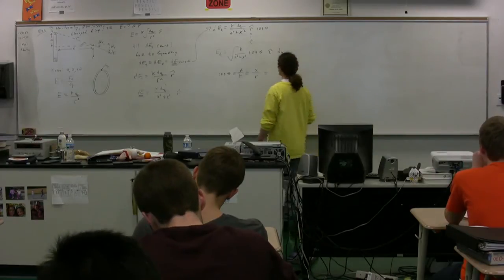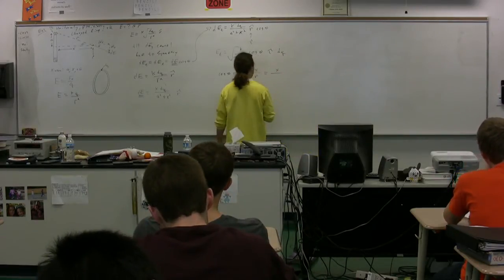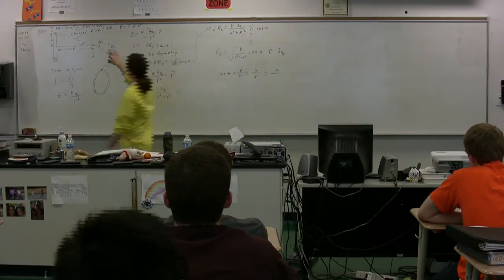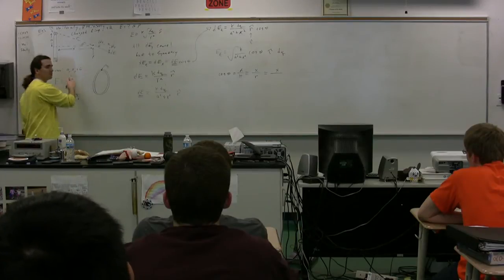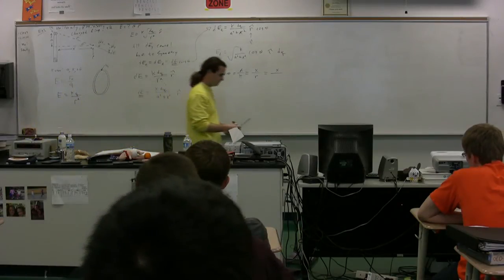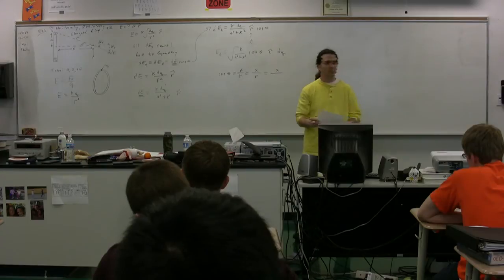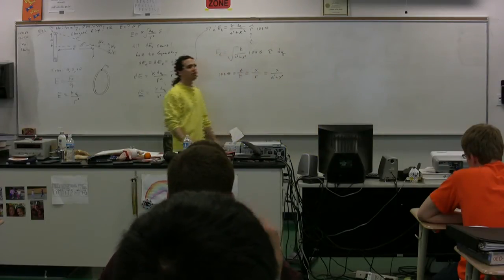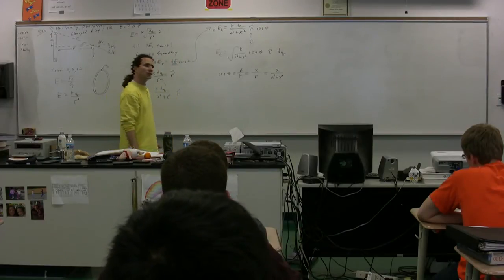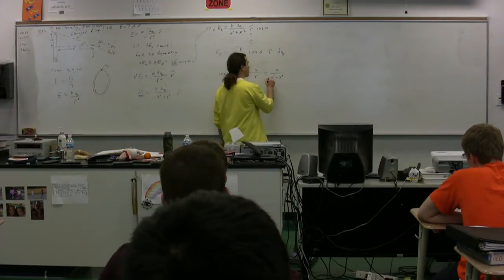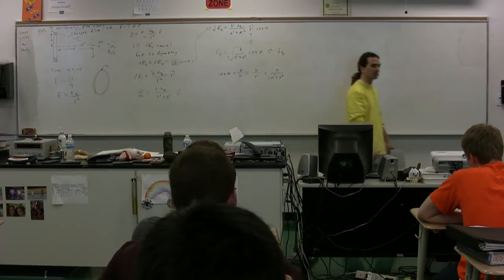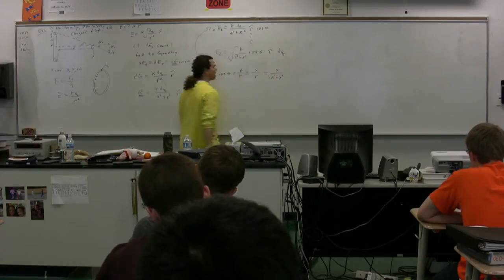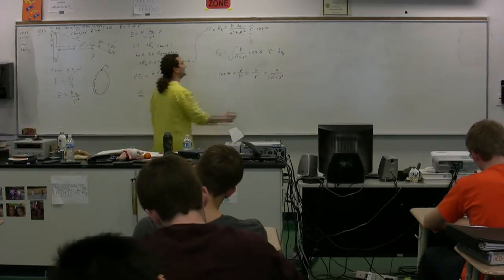Mike? r, in terms of things that we know. Close. Jenkins? Square root, because a squared plus b squared equals c squared, so it's going to be the square root of a squared plus x squared. So we can substitute in x divided by the square root of a squared plus x squared into this equation.